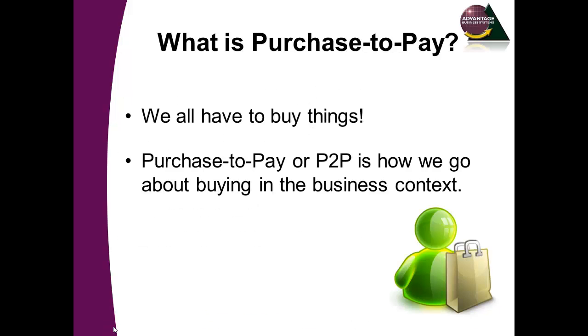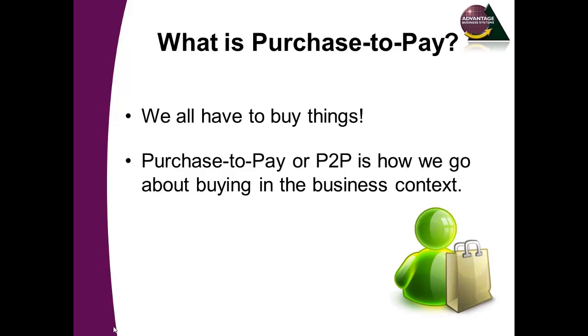So what is Purchase to Pay? Well, we all have to buy things in everyday life, and Purchase to Pay or P2P, Procure to Pay or Requisition to Cheque is simply how we go about buying in the business context. So whether there's an approval required before you purchase something, budgets that you need to check against, whether you need to put that request through a paper-based approval system or an electronic approval system, those are the sorts of things that are involved within a Purchase to Pay process, and every organisation is different.